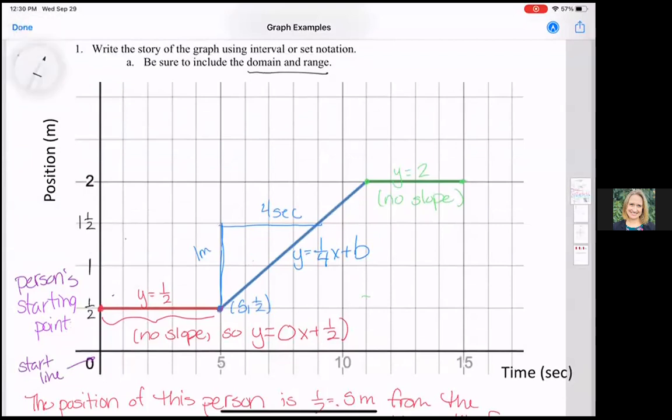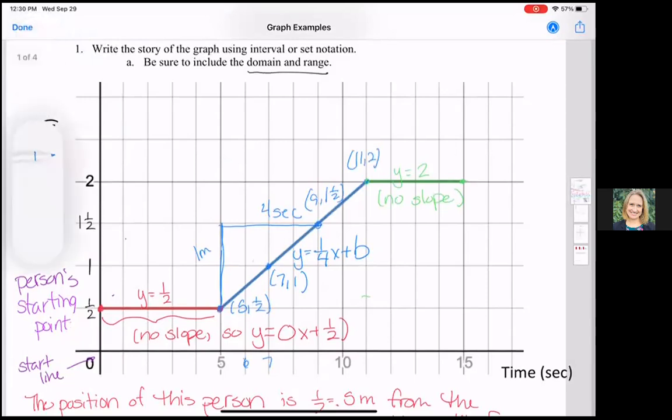Or we can see the other point I found was 6, 7. This was 7, 1. And so you could have used any point. We could have used 9, 1.5 too. Any of these points, or even this last point is 11, 2, and got the same thing.